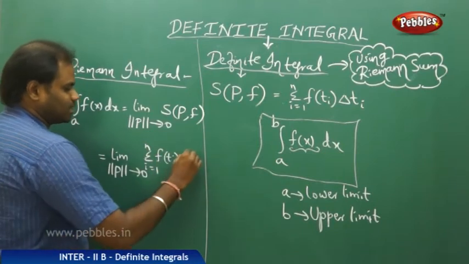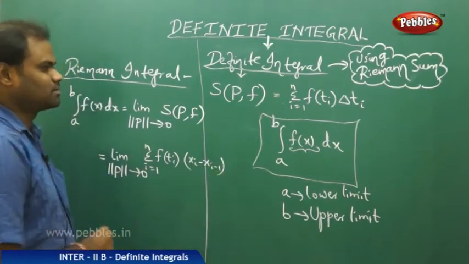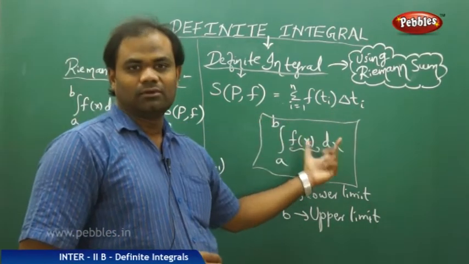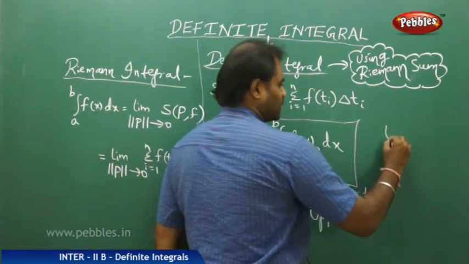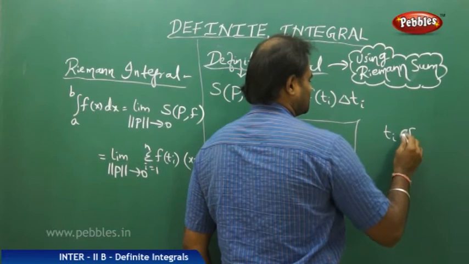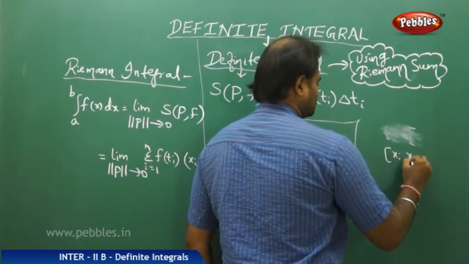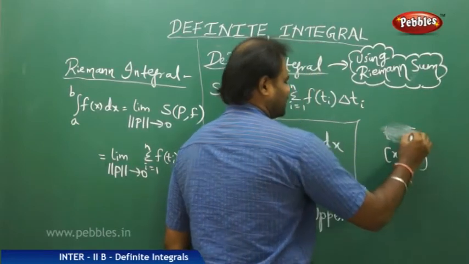delta xi, which is xi minus x(i-1), which we have because the interval Ti is [x(i-1), xi].